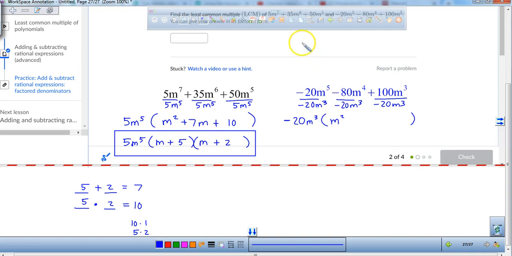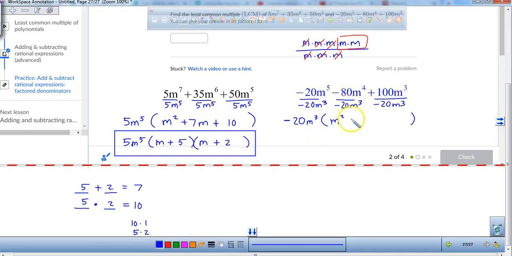Now if you're wondering how I'm doing this, basically m to the power of 5 is m being multiplied by itself over and over 5 times. And m cubed is being multiplied over and over 3 times. And so what happens is any number divided by itself is equal to 1 except for 0, because you can't divide by 0, but you're left with m squared. So that's how I got the m squared.